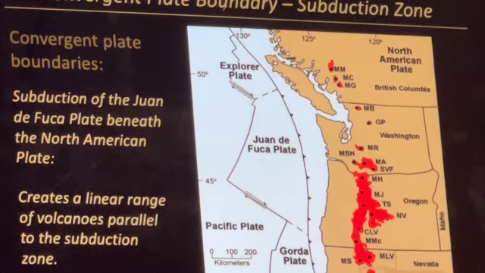Are they predictive, the deep earthquakes? Are they predictive of real earthquakes that we would feel? There is a lot of work happening now along the Cascadia subduction zone, not necessarily on the deep ones, but on something called slow earthquakes or silent earthquakes.